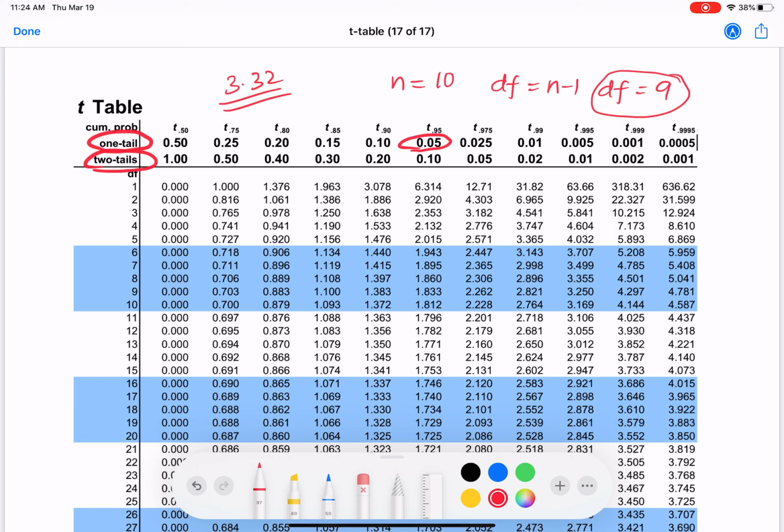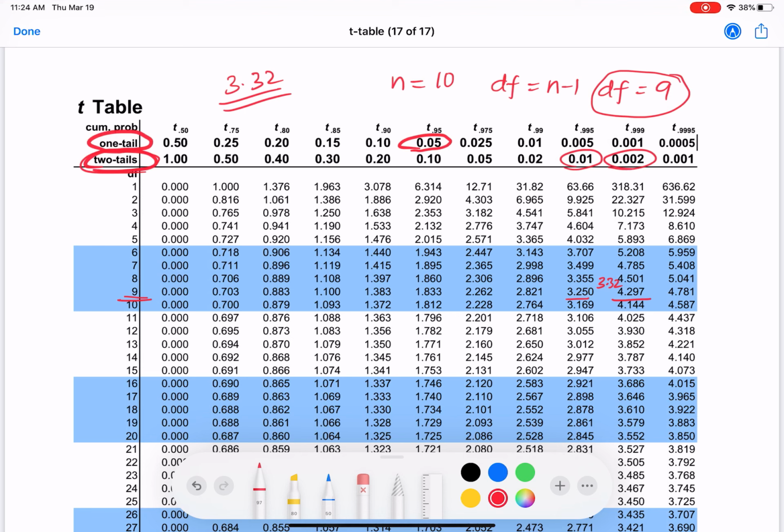So let's look at 9. Let's look at a value of 3.32. Where does it fit? So it fits right here between 3.250 and 4.297. So here we are going to consider the two-tailed test. So the probabilities that we have is 0.01 and 0.002.